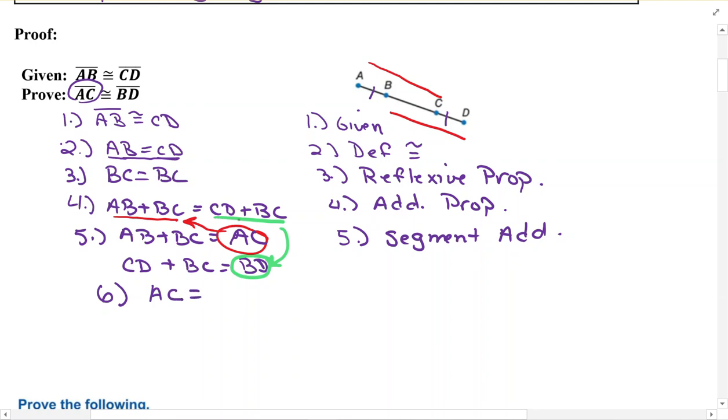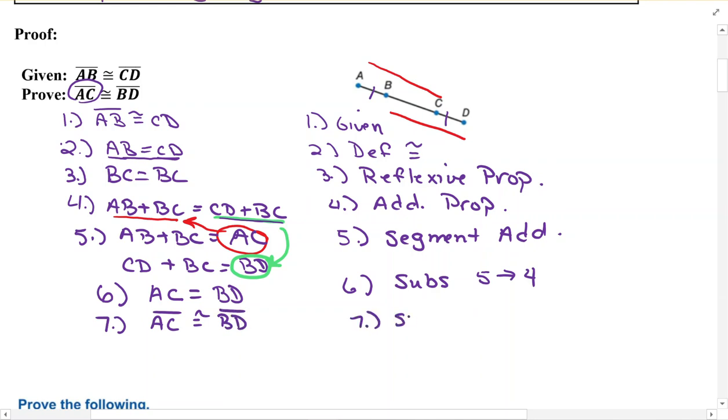And I'm replacing CD plus BC with BD. And that's substitution. I'm taking what I know in step 5 and substituting it into step 4. I needed to prove congruence, so AC is congruent to BD, and that's by substitution.